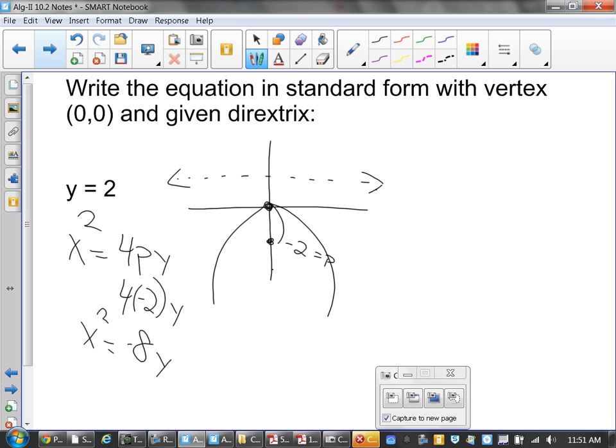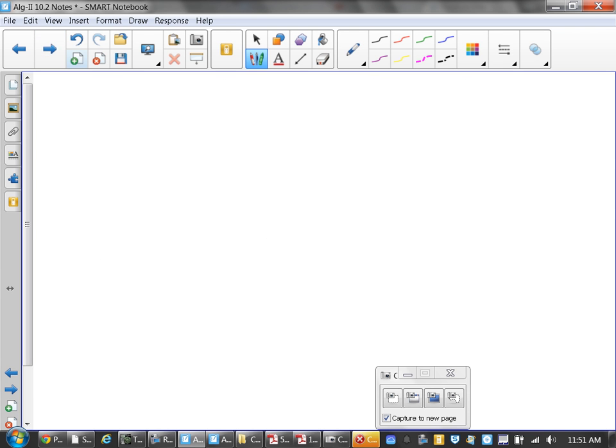Okay. We do basically the exact same thing if you are given an ordered pair. Okay? If you're given an ordered pair, let's say you have negative 3 and 0, because everything's centered at the origin. If I have an ordered pair, this is a focus, at negative 3 and 0.